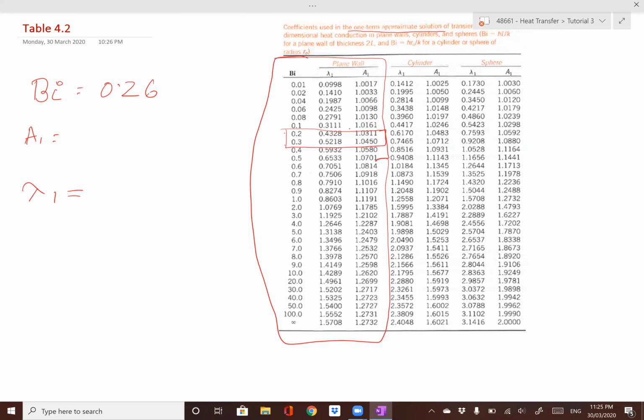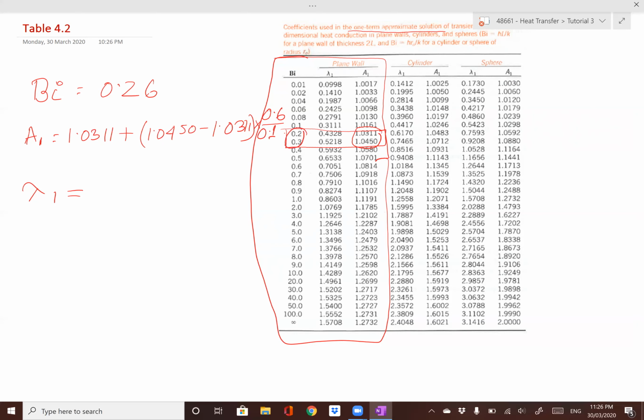From this table, based on our Biot number, the value will be in between these two rows. So if I calculate A1 between these two values, say 1.0311, this one for the 0.2 Biot number, plus 1.0450 minus 1.0311, then times 0.6 divided by 0.1.